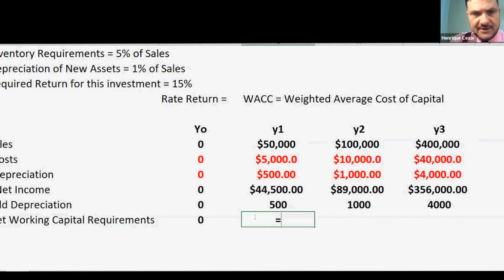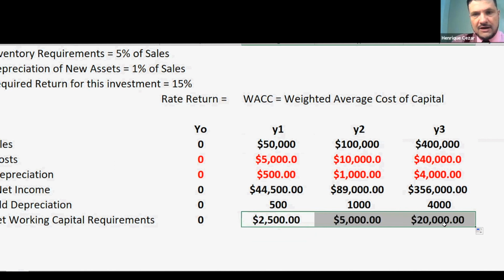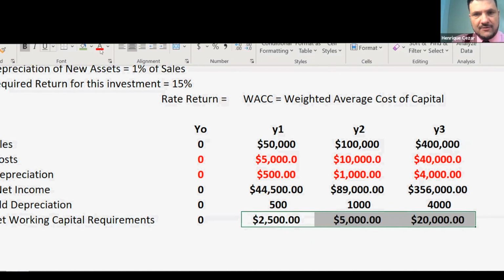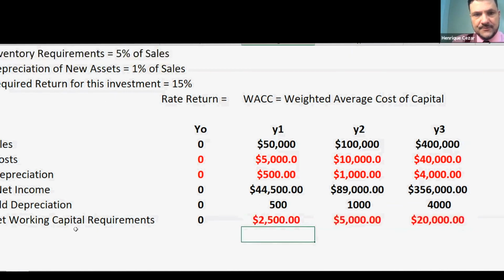But that's the example I have here, and those are the numbers I'm going to use. 5% of sales is 0.05 times 50,000, which is the sales for year 1, year 2, year 3. Because you pay this, those are net working capital, those are inventory requirements. It's a negative number.